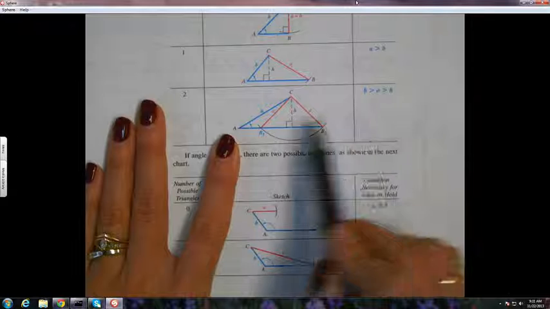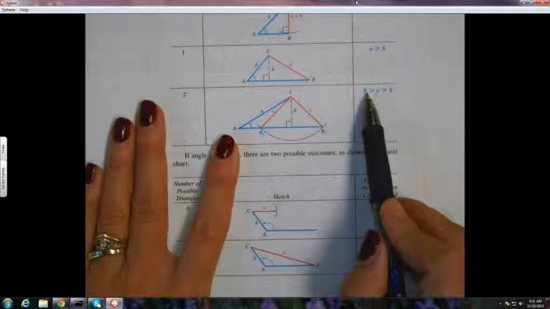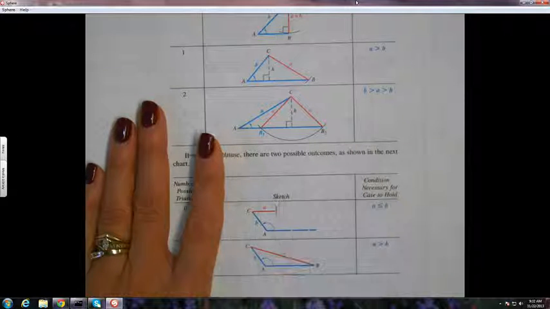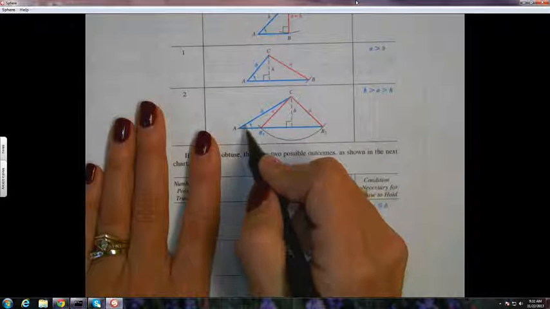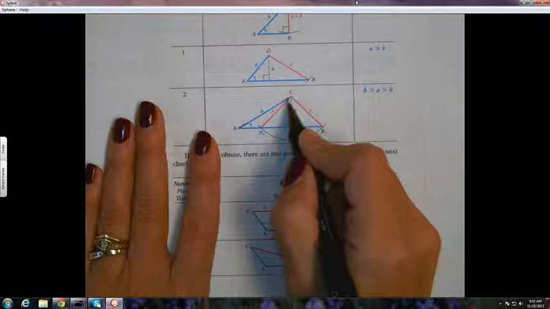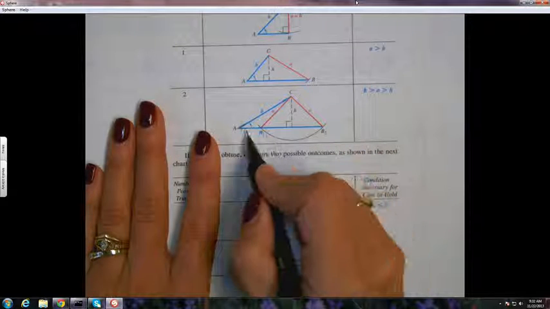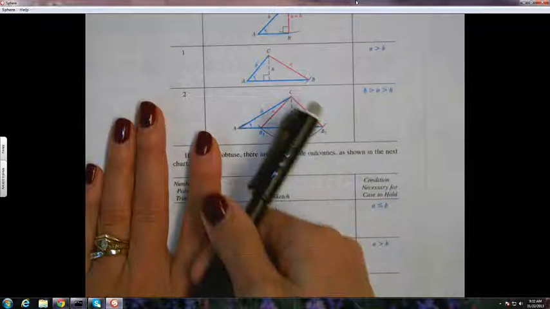If the opposite side is smaller than the adjacent side, but bigger than the height, it creates two triangles with those three parts. This angle's given, angle A, this side's given, and this side a. I can make this third side really short and get this triangle. Or I can take that a and swing it way out here.